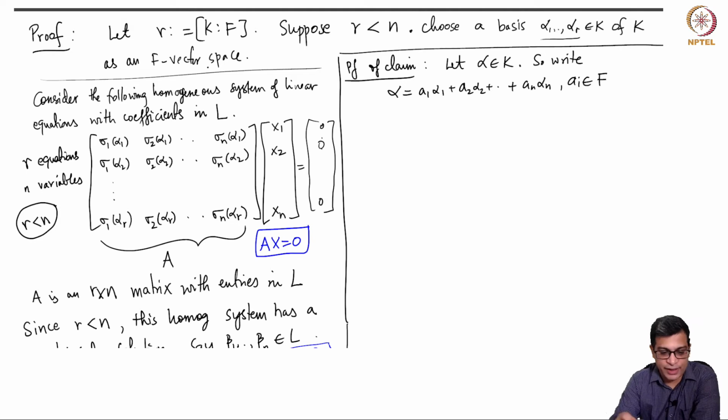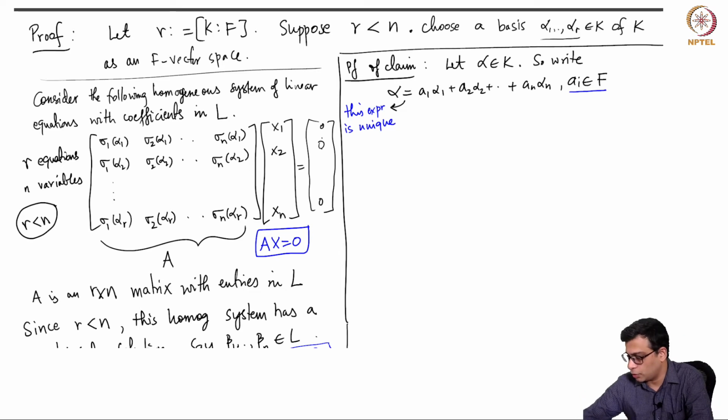Because K is a vector space over F, it has dimension r over F, and alpha 1 through alpha r form a basis of K over F. So any element alpha in K can be written uniquely. This expression is unique, and the Ai's are in F. That is the important property for us.